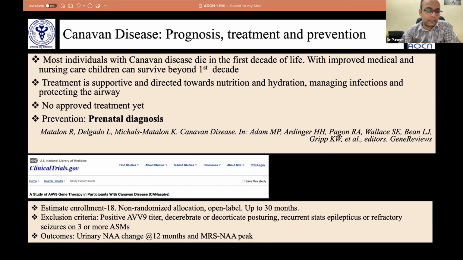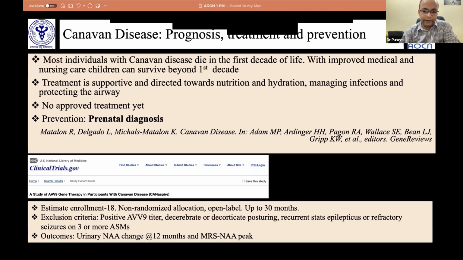Exclusion criteria are positive AAV9 titers, decerebrate or decorticate posturing, or recurrent or refractory seizures. The outcomes will be measured based on the urinary NAA change from baseline at 12 months post-treatment and on the MRS NAA peak. So this is a one-time gene therapy for Canavan's disease. This is the ongoing trial.